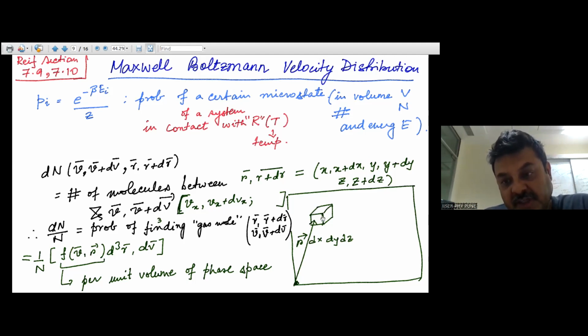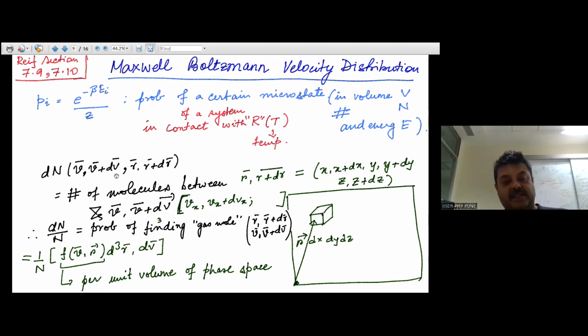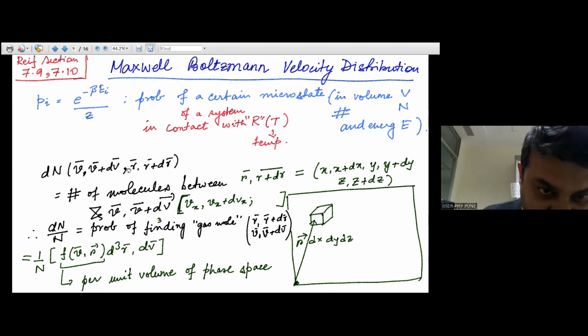So there could be particles moving in the negative direction, in the positive z direction, positive x direction, positive y direction. But we are really interested in a subset of particles, and we want an idea about the number of particles within such a coordinate system.